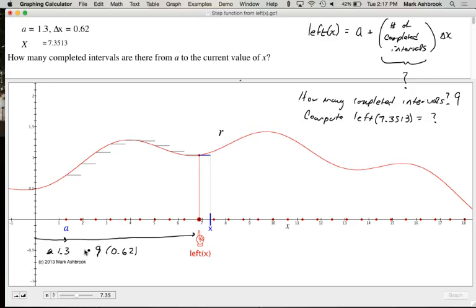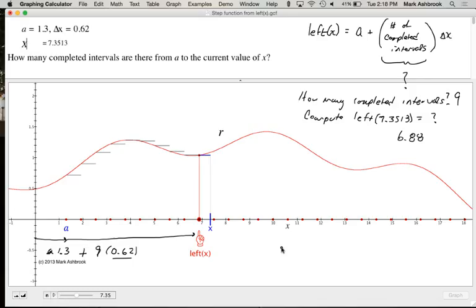So 1.3 plus 9 widths of 0.62 equals 6.88. Look at the graph. Does that agree? Here's 7. It's shy of 7, 6.88. Remember, what does left x do? It takes an x value and gives you back another x value. Which x? The x value at the left side, or the starting value of the current interval.